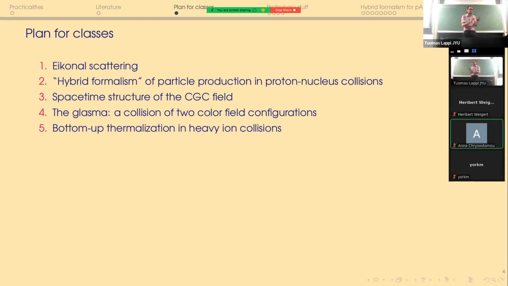You want to find a small parameter and expand in a power series of that small parameter. So here we are working in the high energy limit, where we want to make our life simple by using the assumption that the collision energy of our collider experiment is much, much higher than any other scale with dimensions of energy, right? And so we want to use this to simplify our life.